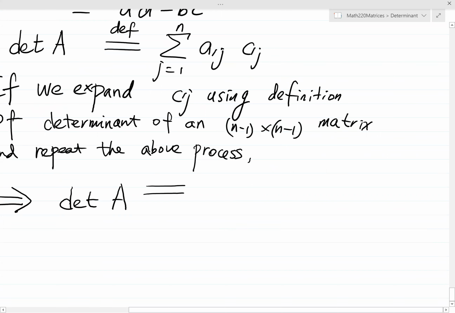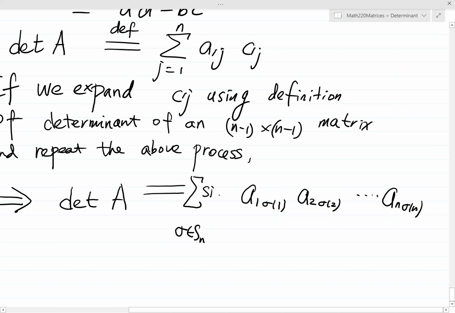Every term is a_1σ(1), a_2σ(2), ..., a_nσ(n), where σ is a permutation of n letters. And then here we have sign σ.